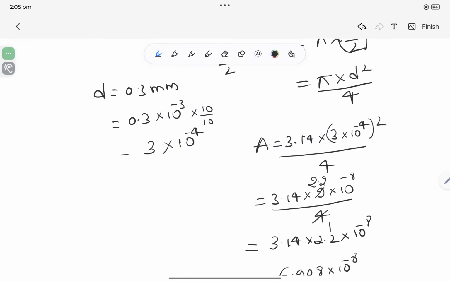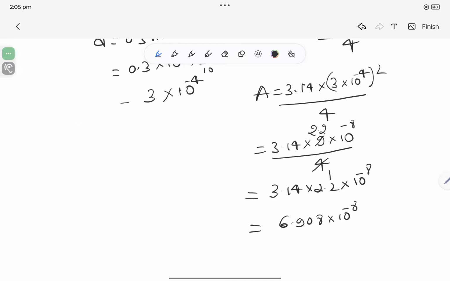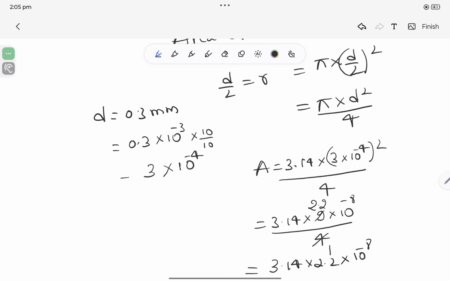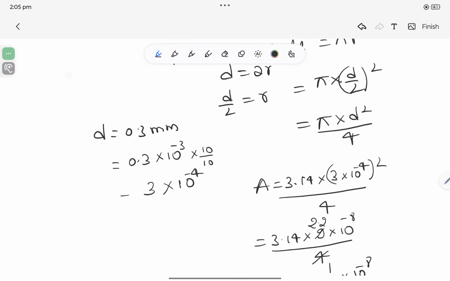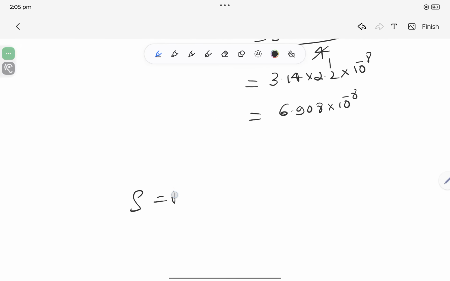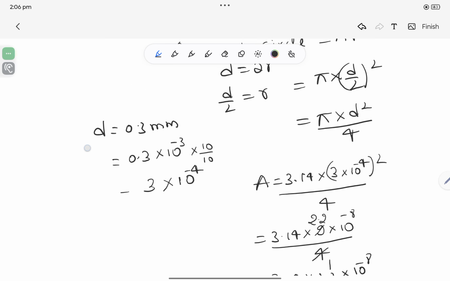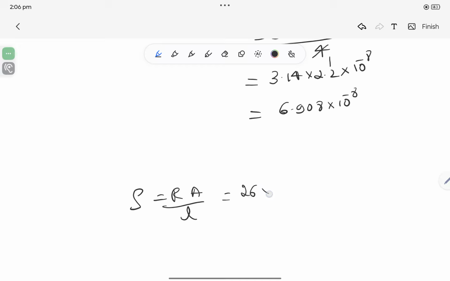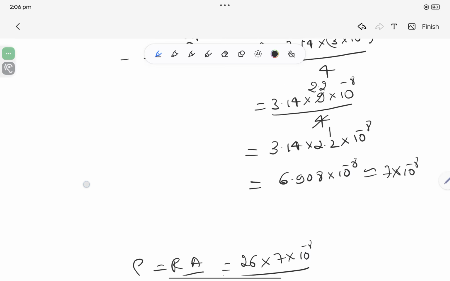Substitute this value in the given formula. What is the formula? Rho is equal to R into A by L. Resistance they gave, 26 ohm. Area 6.9 is nearly equal to 7 into 10 to the power minus 8, divided by length 1 meter.